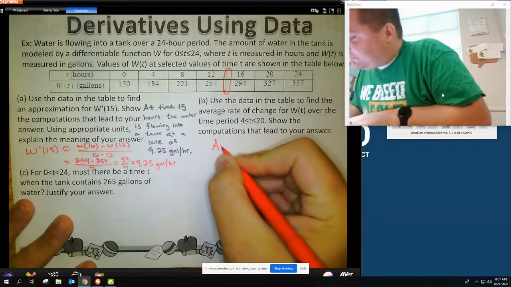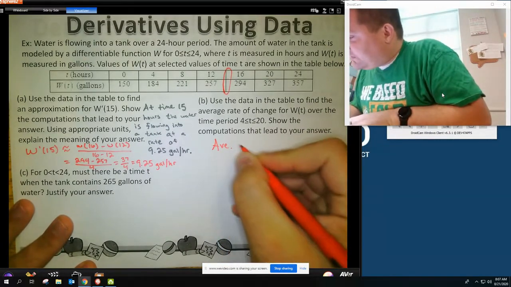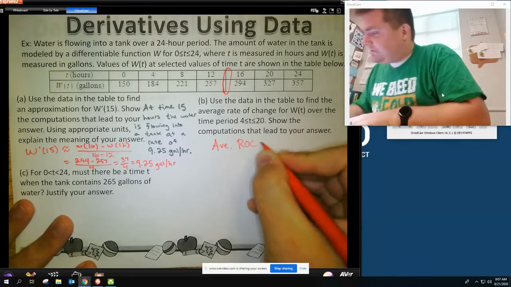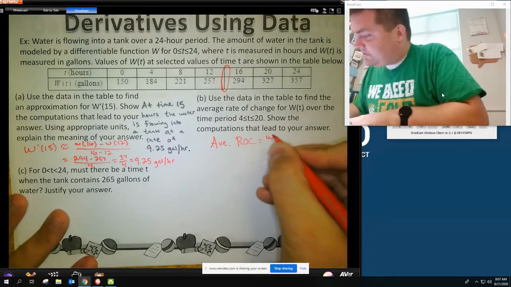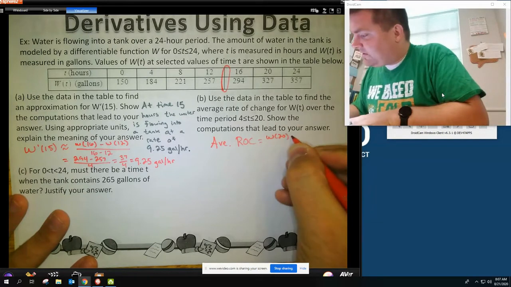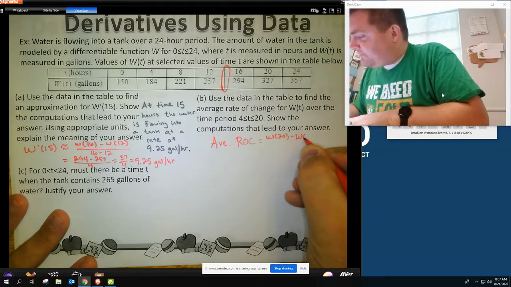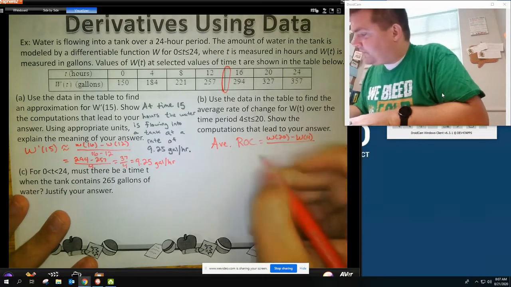So the average rate of change is going to be W of 20 minus W of 4, all over 20 minus 4.